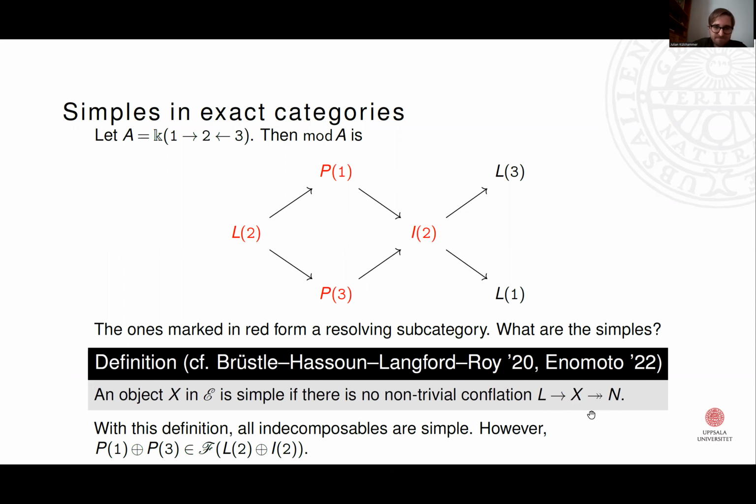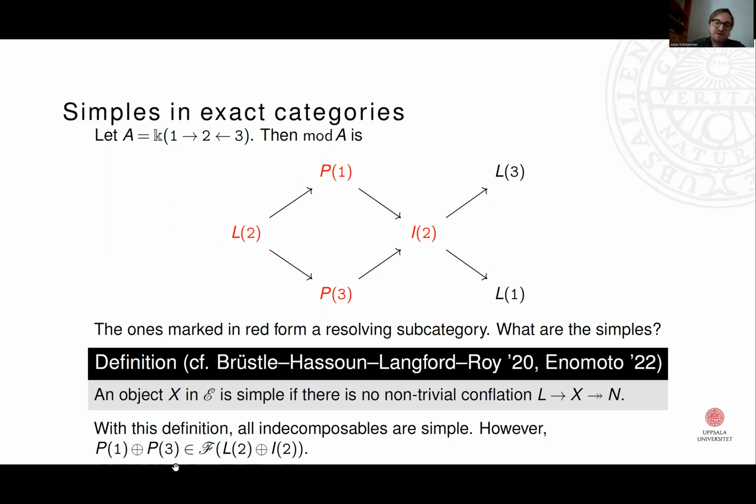However, if you take these two objects, L2 and I2, there's an obvious extension, right? So if you add L2 and I2, you get the sum of P1 and P3. So the sum of P1 and P3 is filtered by L2 and I2. So somehow you have two different composition series of P1 plus P3.